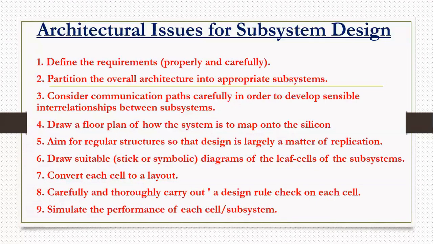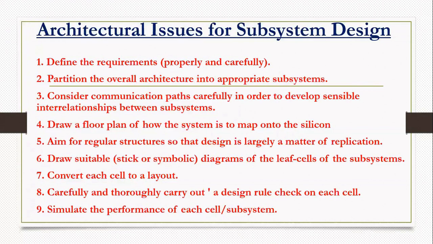If you want to design an ALU, we need to list out the requirements for that particular ALU, like how many inputs would be required, how many outputs, how many power supply rails would be required. Those things we need to write properly. Then we need to know the internal architecture of that particular hardware and the functionalities of that subsystem.